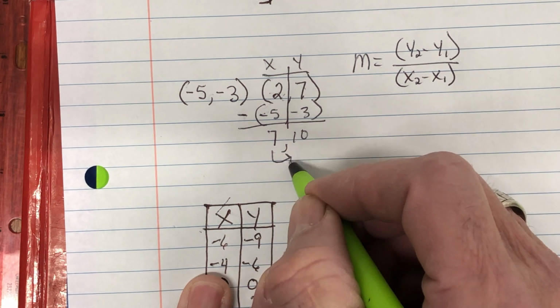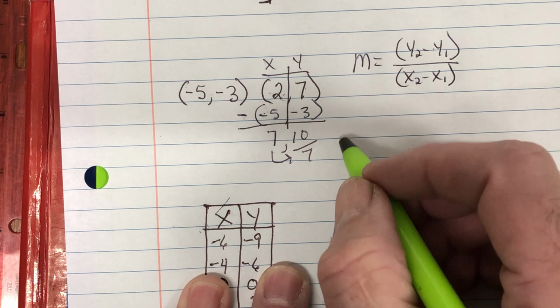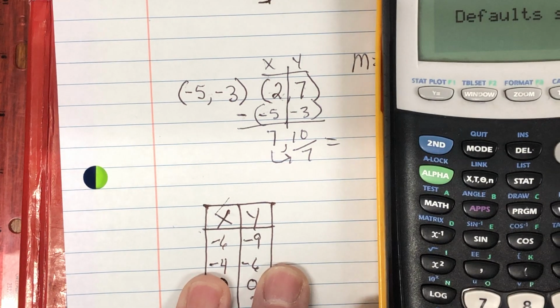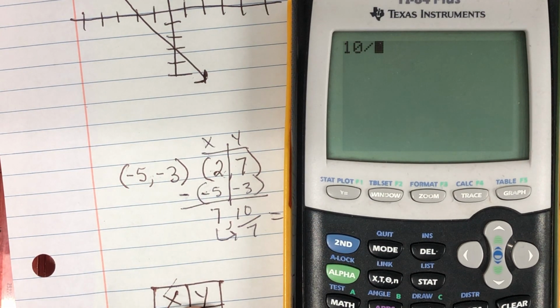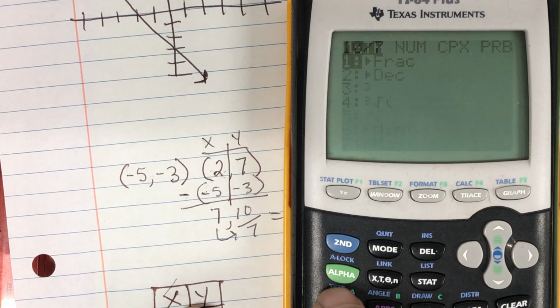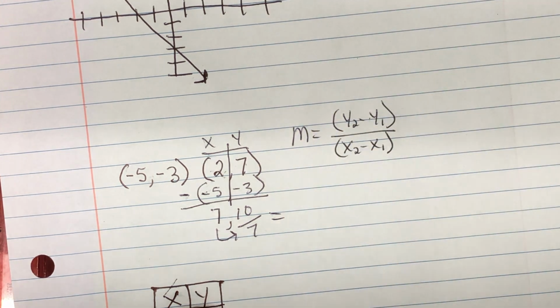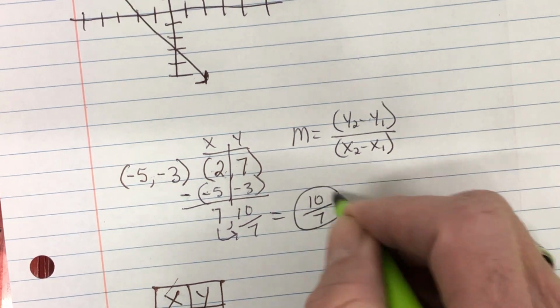Move the x under the y, because that's the way the formula is, and then you type it in your calculator to see if it reduces. So 10 divided by 7, math, enter, enter. And it doesn't reduce, so the slope is 10 over 7.